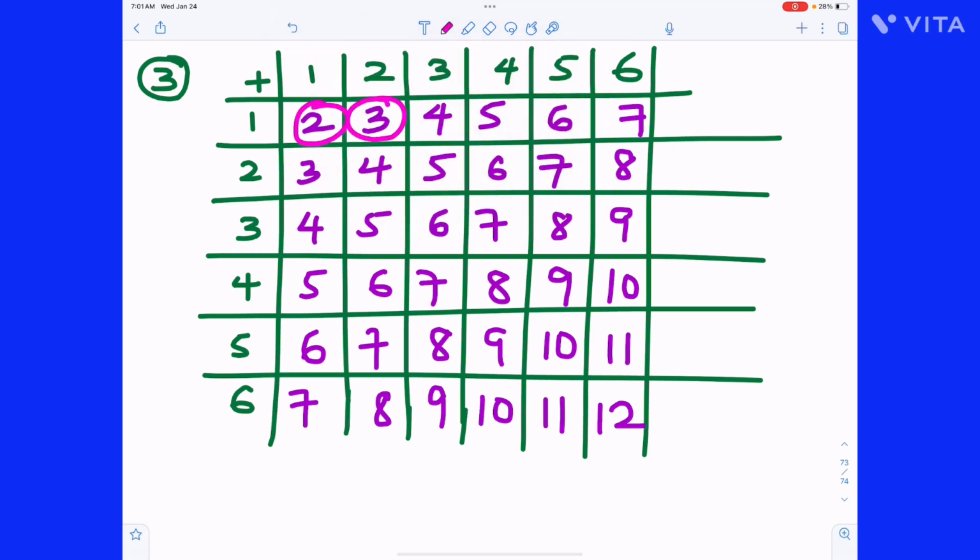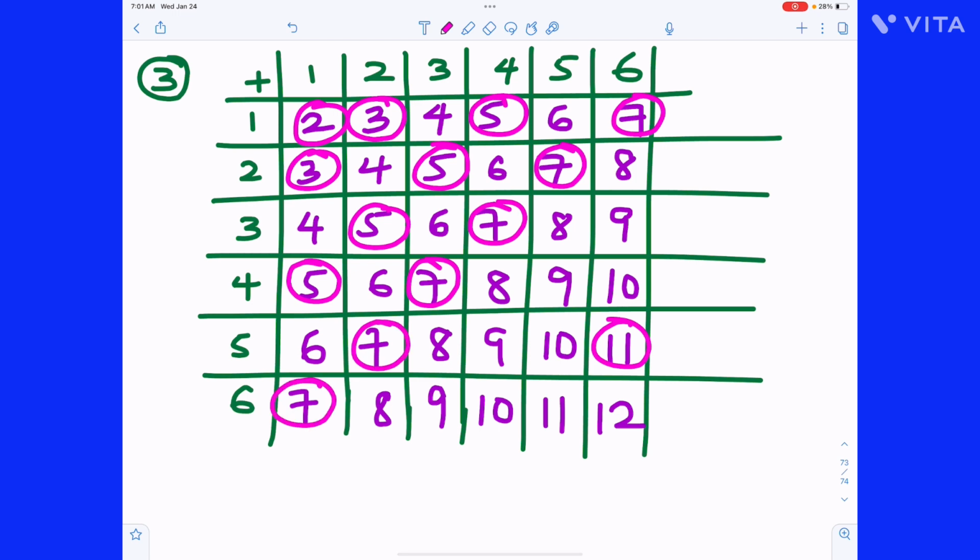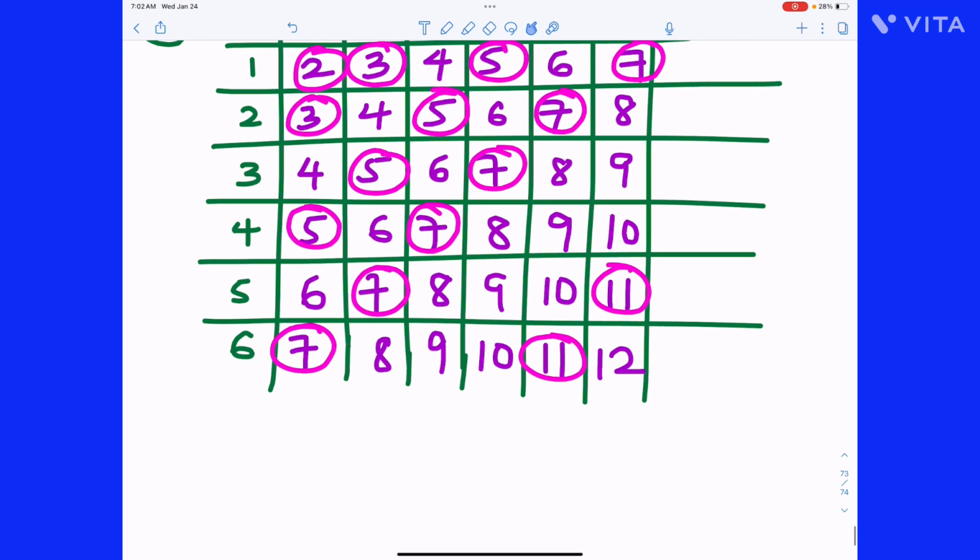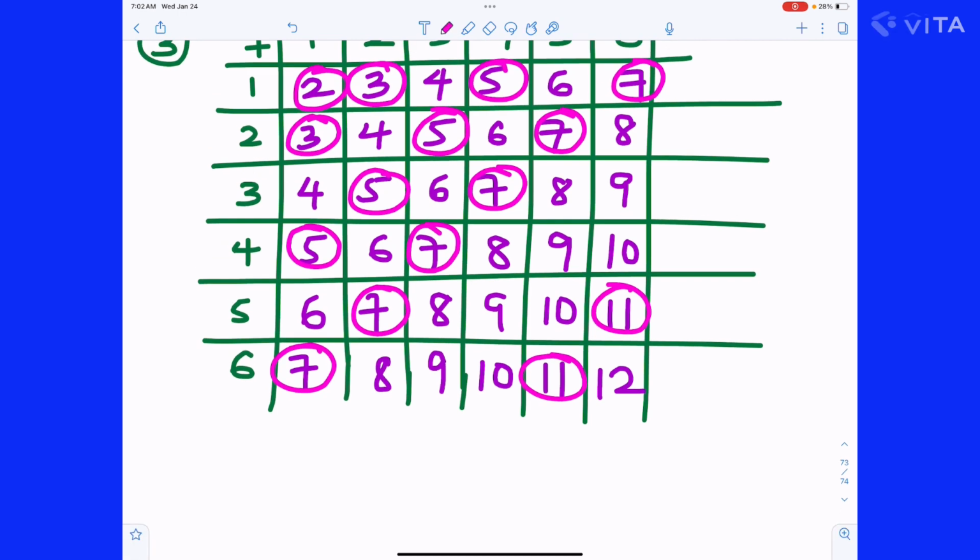Prime, prime, prime, prime, prime, prime, prime, prime. All these numbers are prime. If you count, that's 1, 2, 3, 4 in the first row, 5, 6, 7, 8, 9, 10, 11, 12, 13, 14, 15.